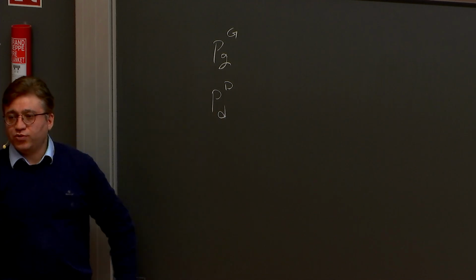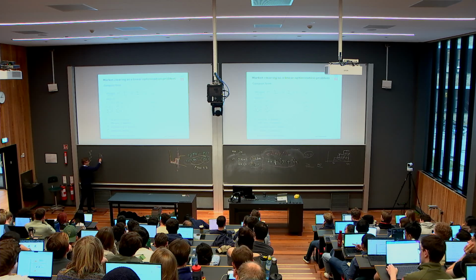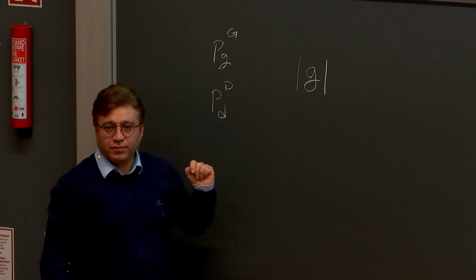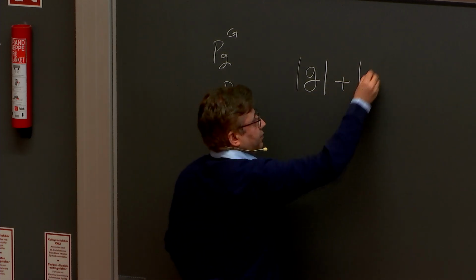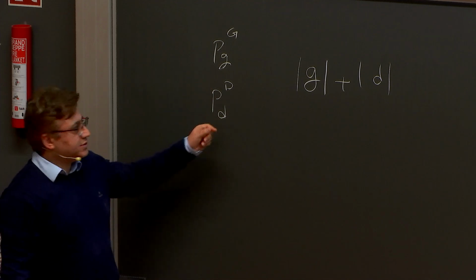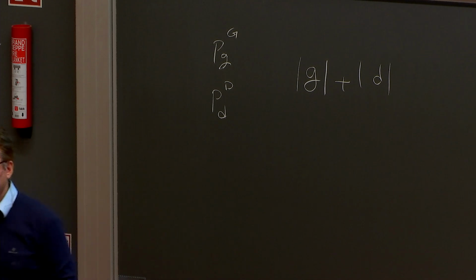How many variables do we have? In your assignment I will also ask you to report the number of variables, number of constraints, and computational time. The number of variables is G, meaning the cardinality, the number of elements in set G, plus D. For example, if you have 5 generators, 5 demands, 5 plus 5, you have 10 primal variables.